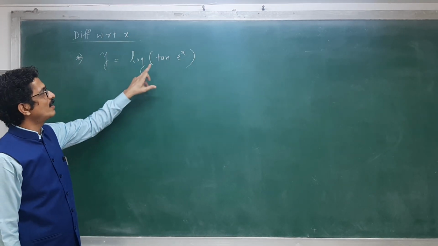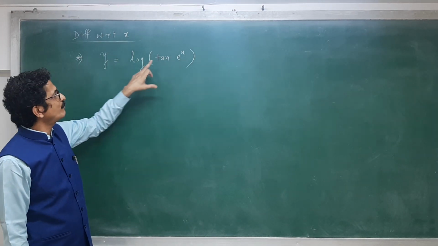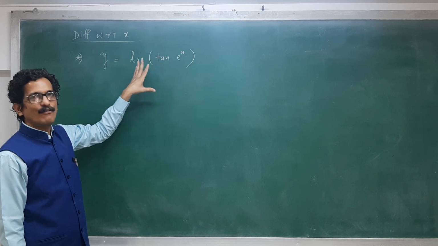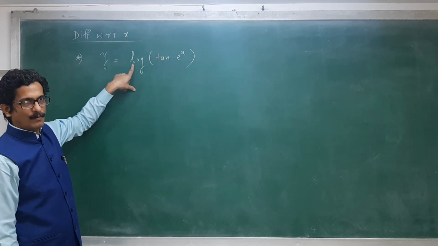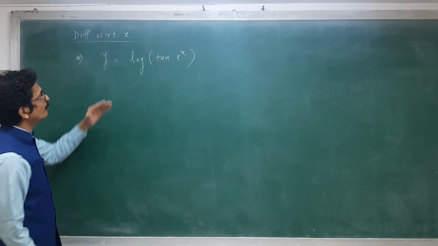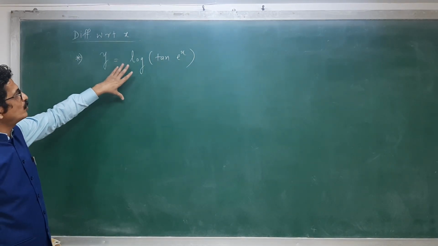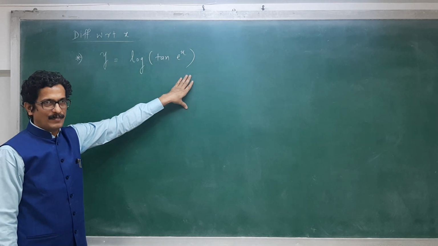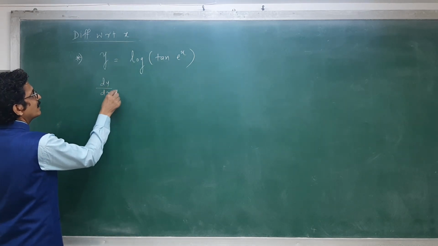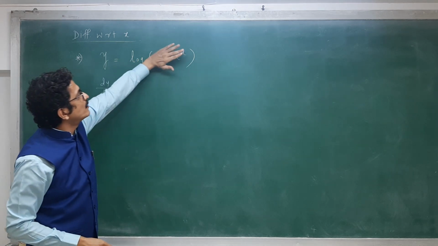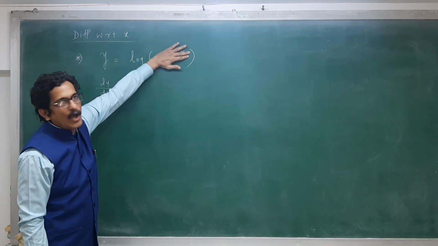Yes, friends. Now this is the second problem: y equal to log of tan of e raised to x. You can see from the problem itself that a couple of functions are involved. One is e raised to x, the other is tan, then the log. So you have to differentiate all the functions present here. The simple method is to write dy by dx. You should put your hand here as if it is x.